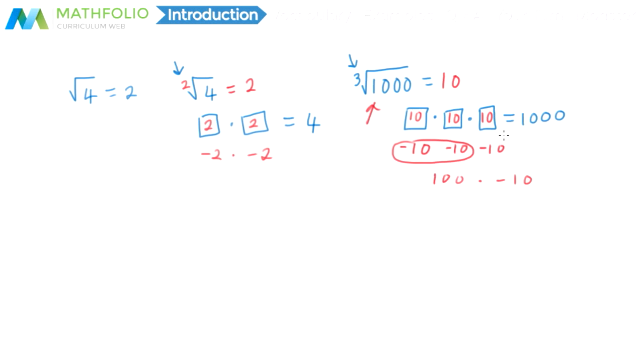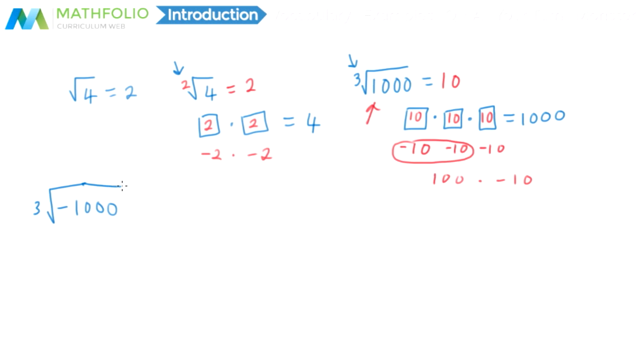When we've got an index that's an even number, usually our answer is going to be positive, and that's the answer we're going to be referring to. So even though the square root of 4 could be -2, most of the time we're only dealing with the positive value of that.